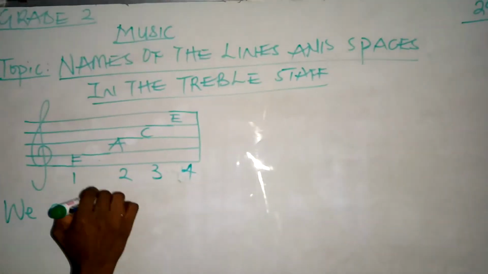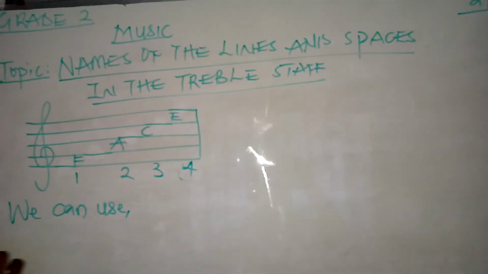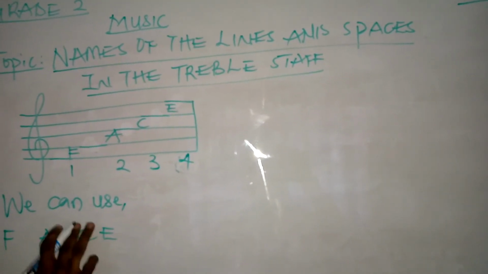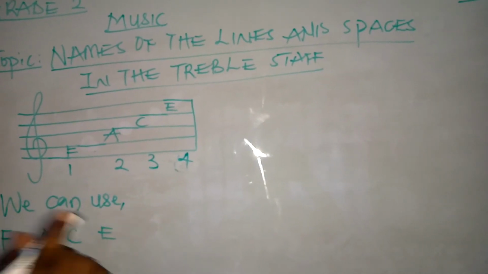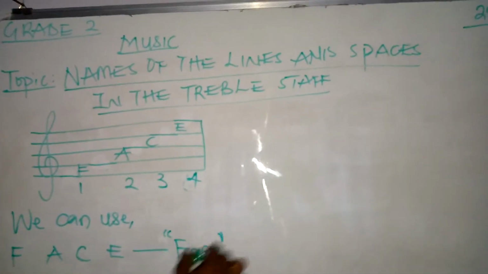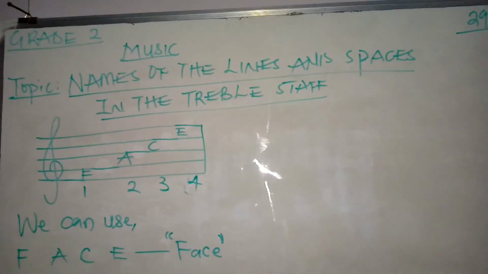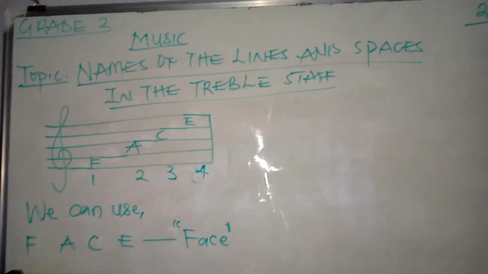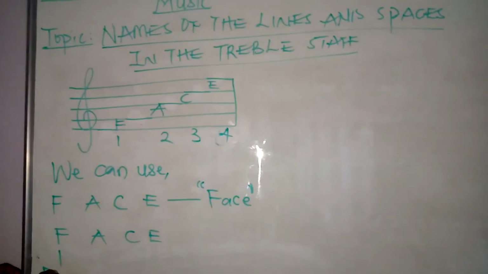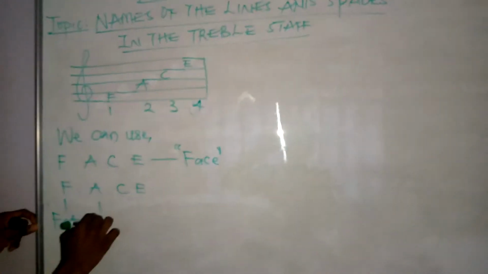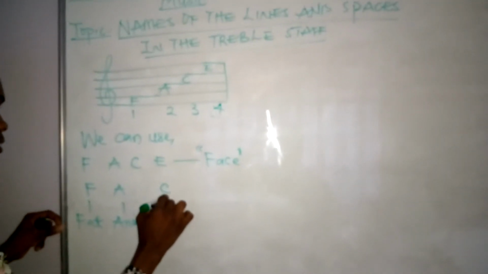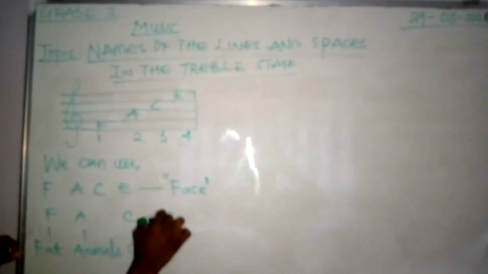So to remember this quickly, we can use this FACE. We can call this as one word, face. You can call this at once as one word, face, or you could break it down: fat animals can eat.